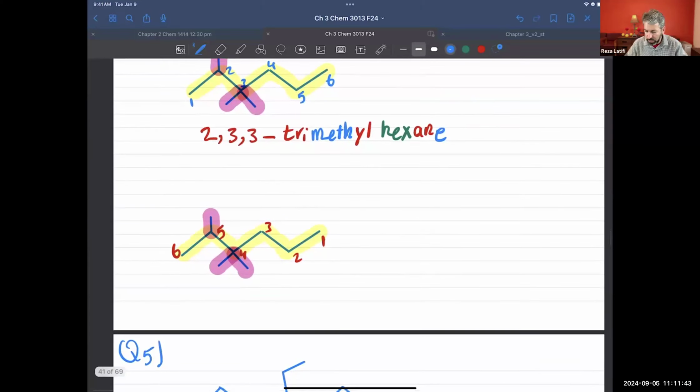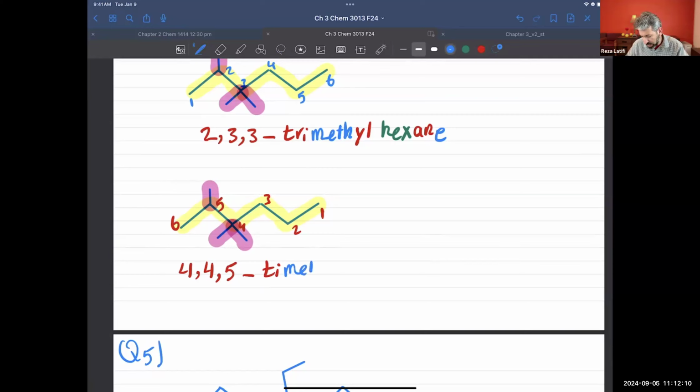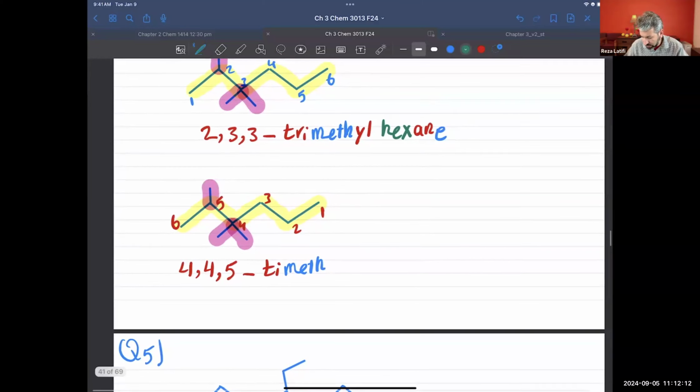And how about the bottom one? The bottom one will be this. Let me move it a bit up. I go on the 4th one. I have methyl. I have 2 methyls actually, so I go on the 4th one, again on the 4th one, and on the 5th one, I have trimethyl.